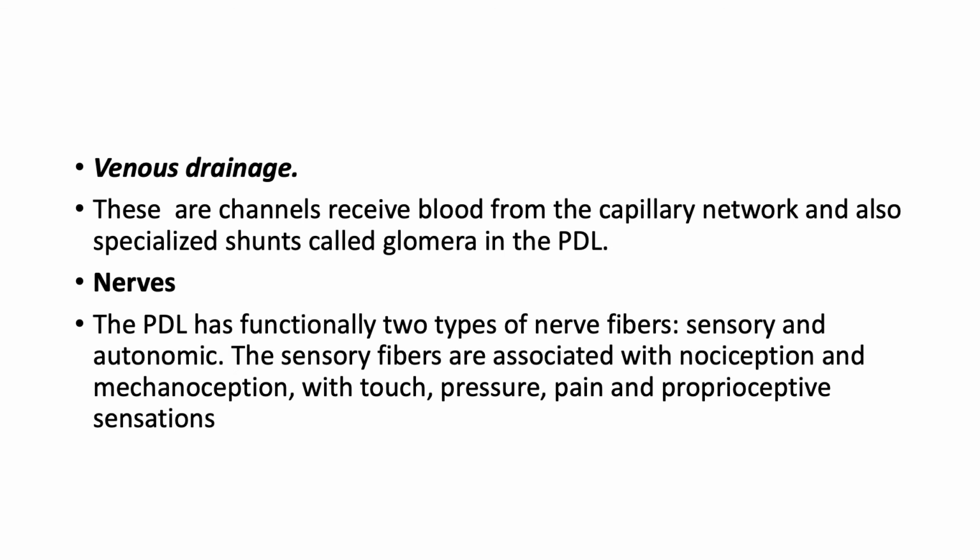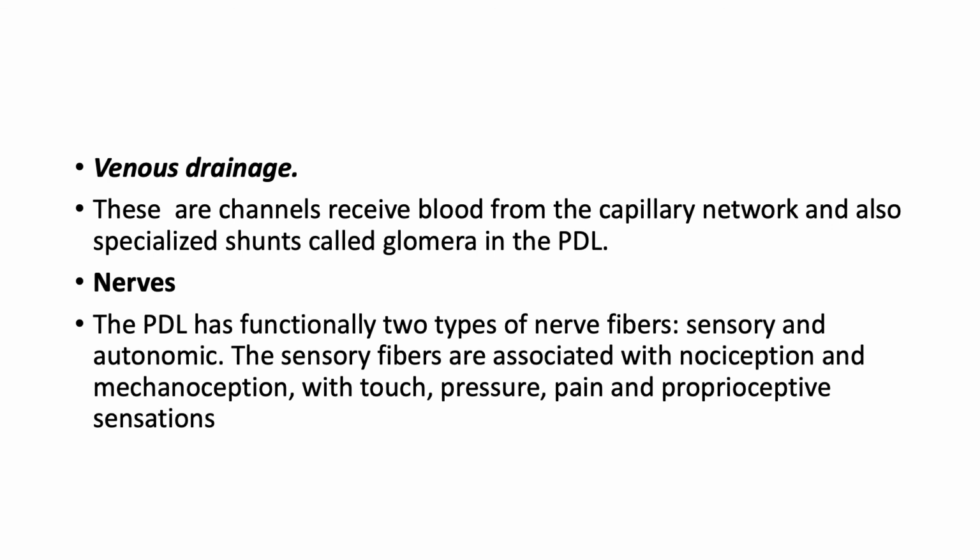Venous drainage of periodontal ligament are channels that receive blood from the capillary network and also specialized shunts called glomeruli in the periodontal ligament. Nerves of periodontal ligament. It has functionally two types of nerve fiber, sensory and autonomic.